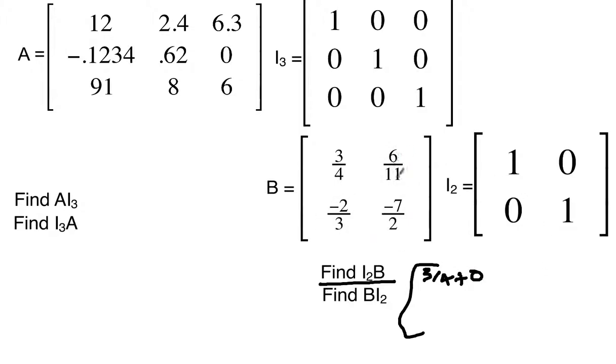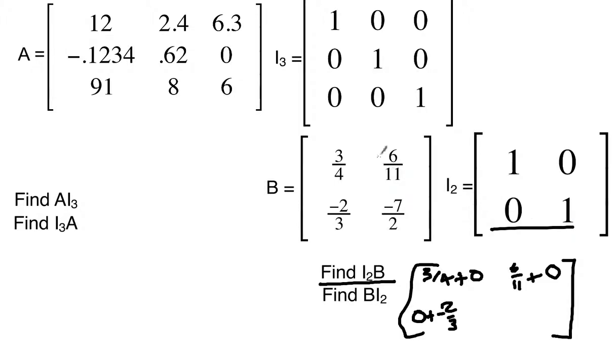And then in this spot, we would get 1 times 6 over 11 plus 0 times 7 over 2, which is 0. Here, if we do row 2 times column 1, you would get 0 times 3/4, which is 0, plus 1 times negative 2/3. And then in this next spot, we would get 0 times 6 over 11.